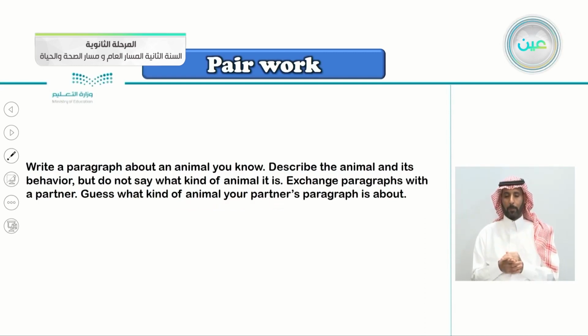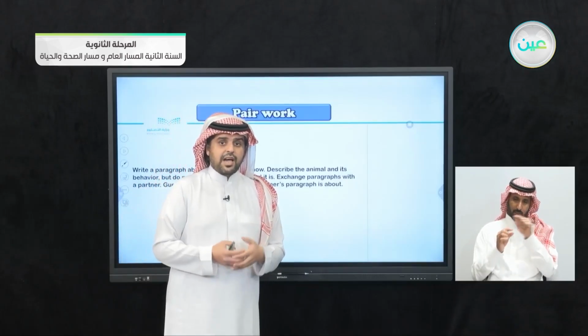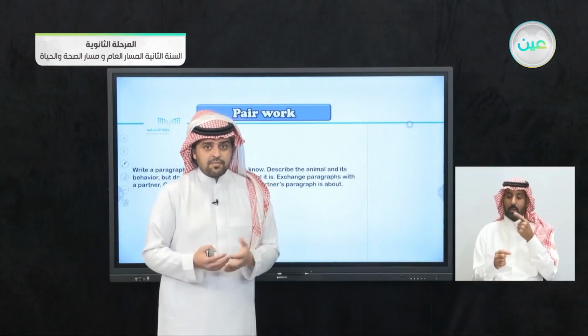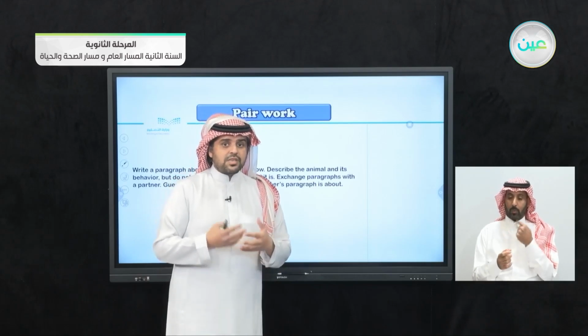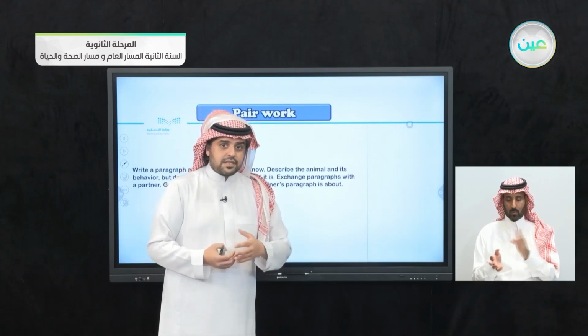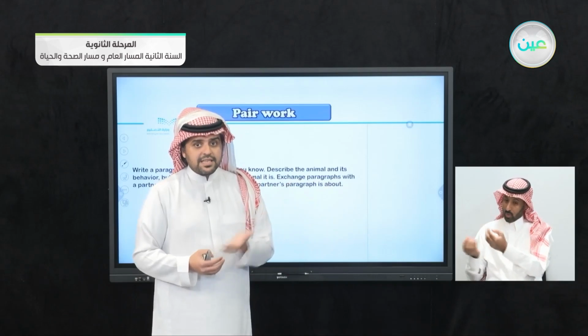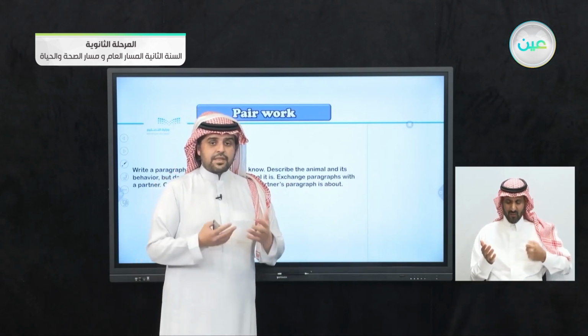So just write a paragraph, maybe 4 or 5 or 6 lines, about an animal you know and its behavior. Try to describe him or her and the behavior without saying which animal it is. Then give the paragraph to your friend, and he will give you his paragraph, and then try to figure out what this animal is.